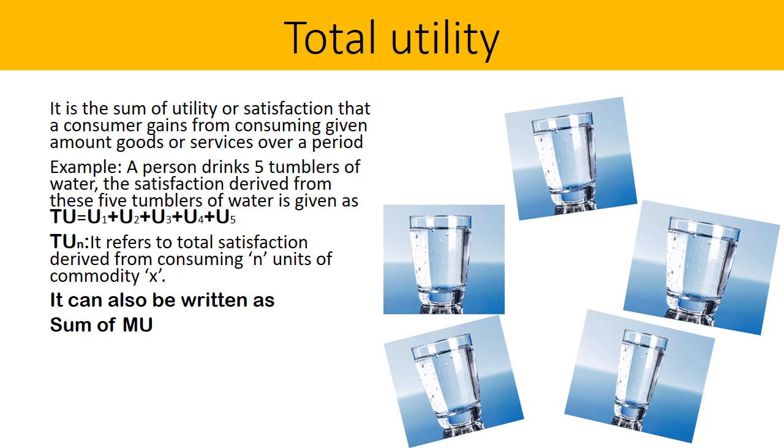It can be represented as total utility is equal to utility 1 plus utility 2 plus utility 3 plus utility 4 plus utility 5. And if we mention total utility of n, it refers to the total satisfaction derived from consuming n units of commodity X. It can also be written as the sum of marginal utility or summation of marginal utility.